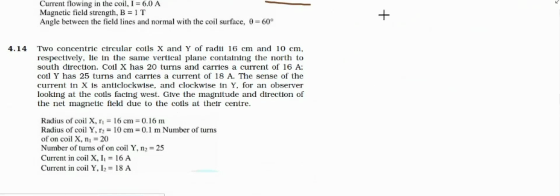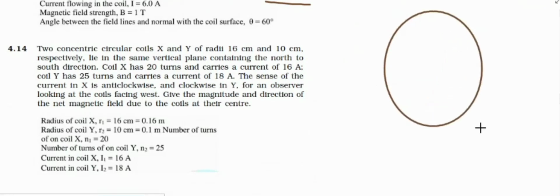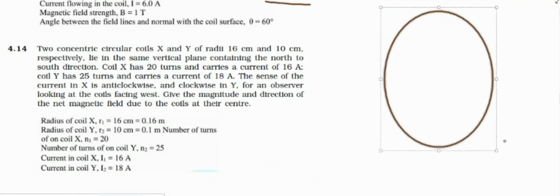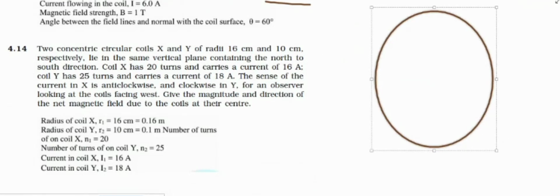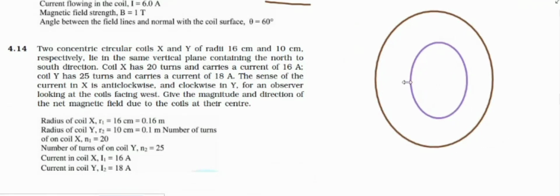So first of all, we have to make a diagram based on the question. So we have two coils X and Y. Now these two coils are in the same plane.